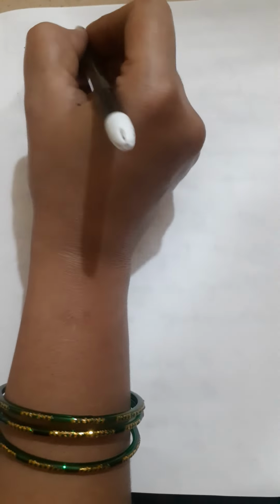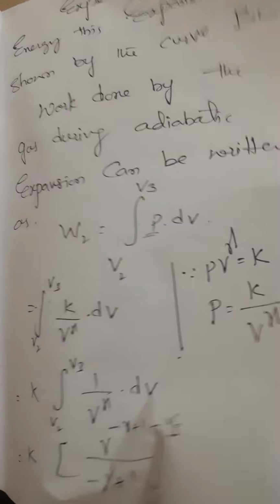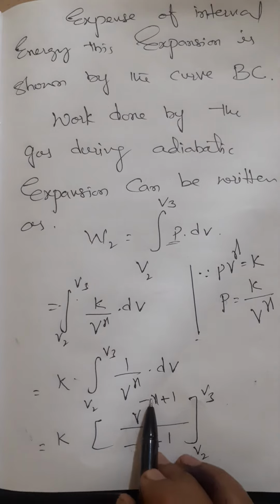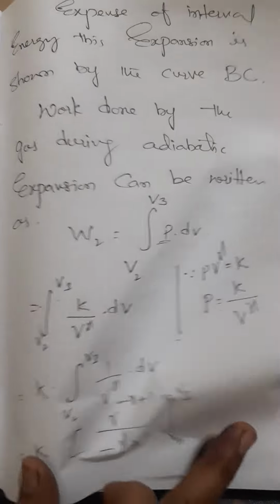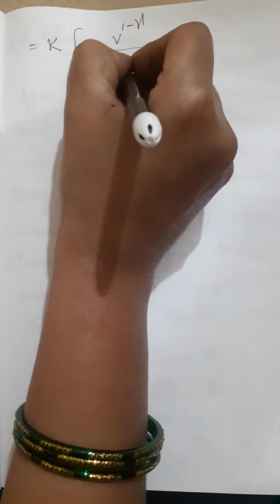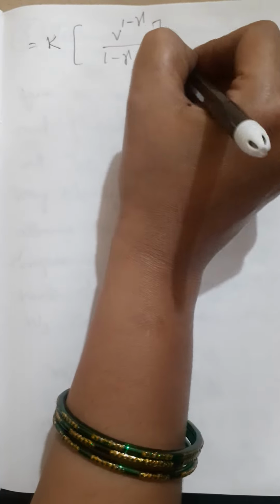We can write K is equal to V to the power of 1 minus gamma, and similarly minus gamma plus 1 can be written as 1 minus gamma, between limits V2 and V3.